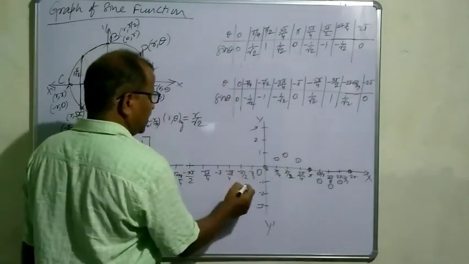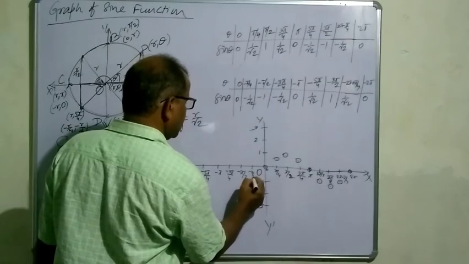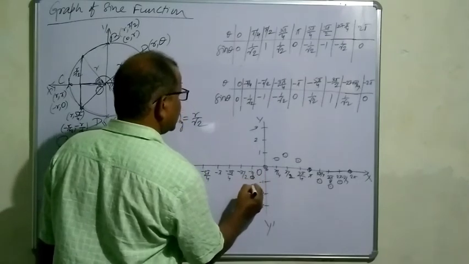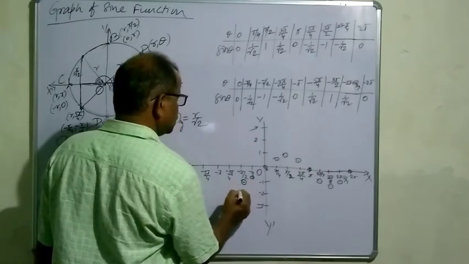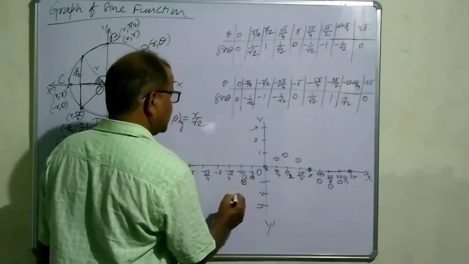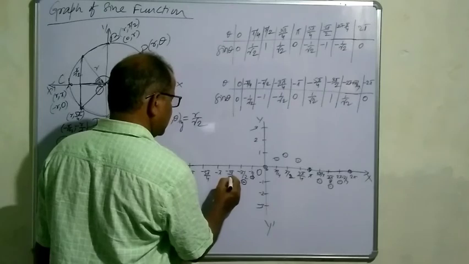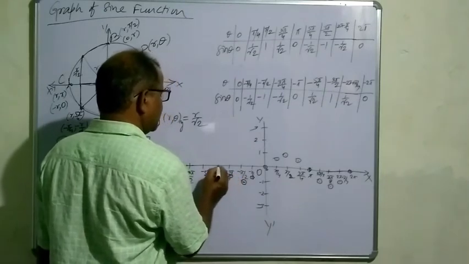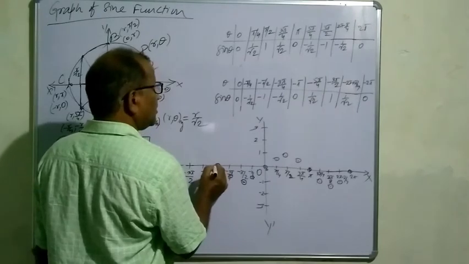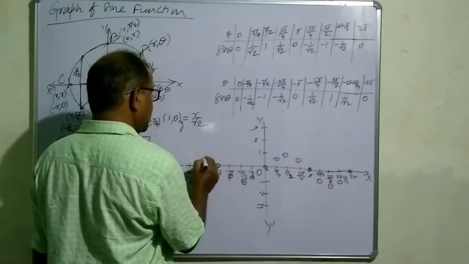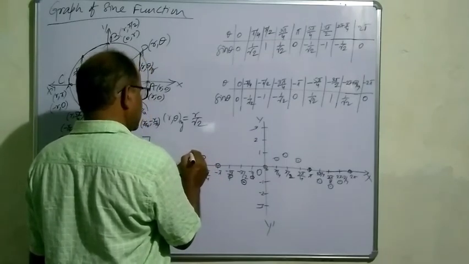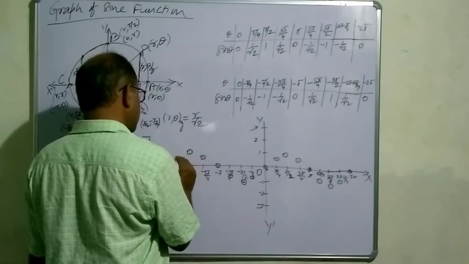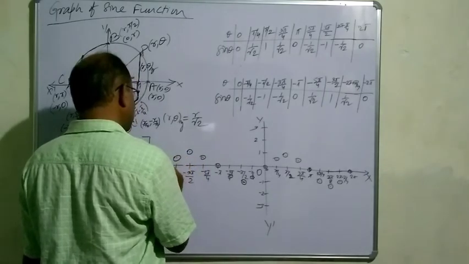And for minus pi by 4 it is minus 1 by root 2, suppose the point is here, and minus pi by 2 it is exactly minus 1, yes, minus 3 pi by 4 it is again increasing, and at minus pi it is 0, minus 5 pi by 4 it is again say 1 by root 2, and minus 3 pi by 2 it is again 1, and it is again this, and minus 2 pi it is 0.